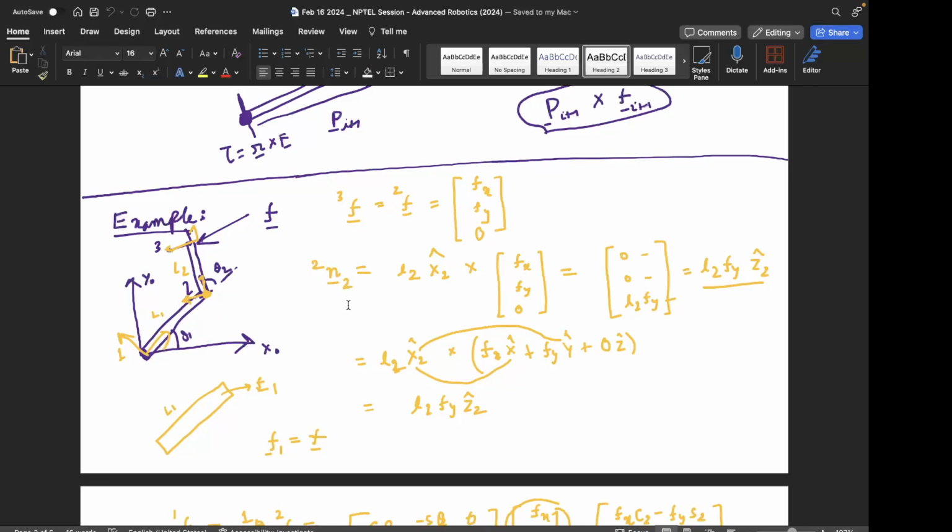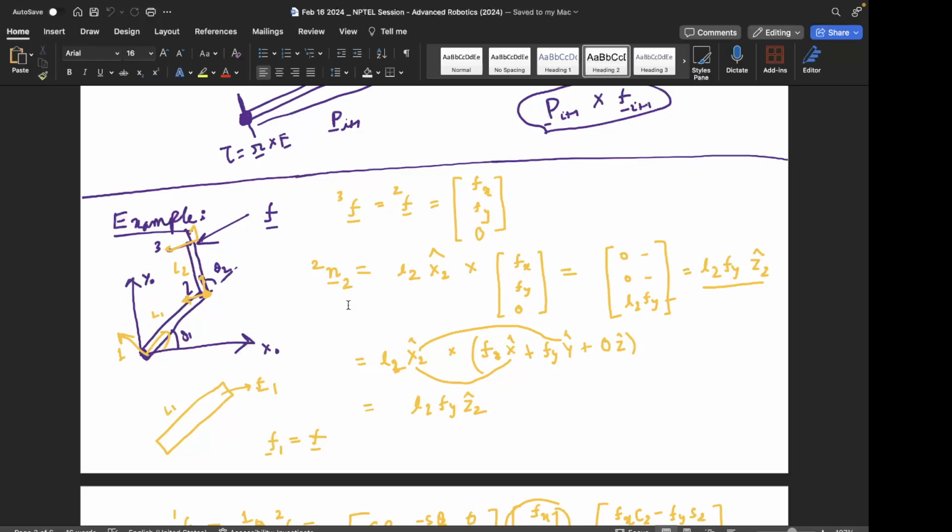So that is L2 x2 cross the force at the end effector. Basically, torque is equal to R cross F. R is the position vector from the origin or the axis to the point of application of the force.